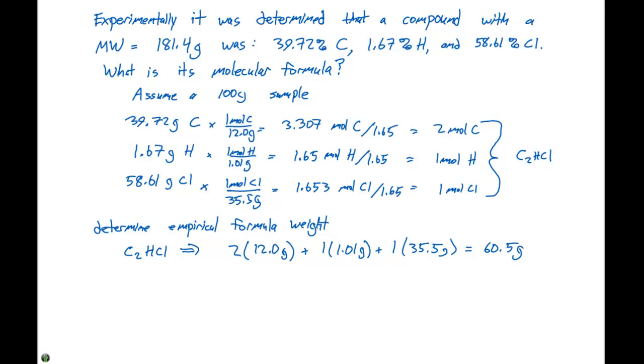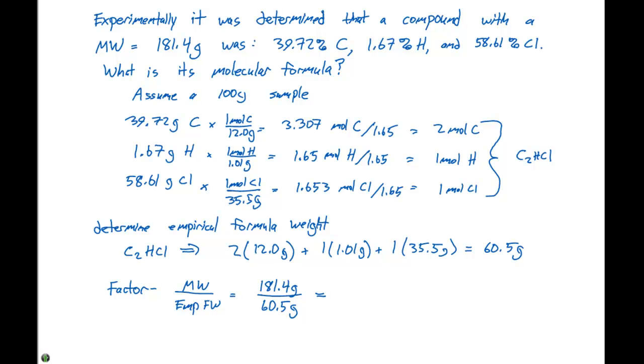The next step is to figure out what kind of factor we have. So remember from the previous video, our factor is going to equal the molecular weight divided by the empirical formula weight. The molecular weight is given in the problem as 181.4 grams. The empirical formula weight is 60.5 grams.